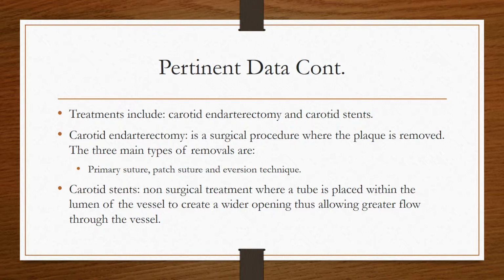This is a real surgical procedure where the patient would be put to sleep, and a whole procedure would go on. Whereas a carotid stent is a non-surgical treatment where a tube is placed within the lumen of the vessel to create a wider opening, thus allowing greater flow through the vessel and getting rid of that stenosis.